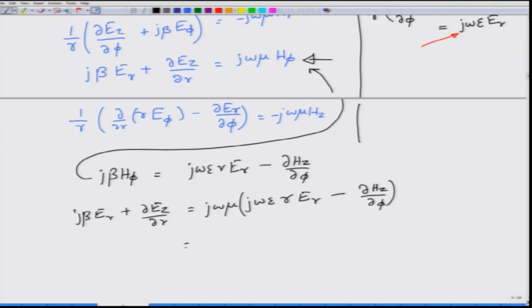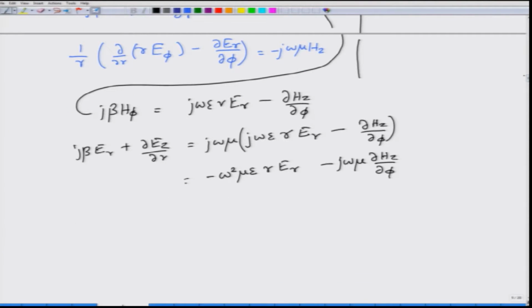Okay. So, if you expand this out, you get minus omega square mu epsilon r E r, right, and then you have minus j omega mu del Hz by del phi. I can pull this E r onto the left hand side. So, I get j beta plus omega square mu epsilon. Okay.